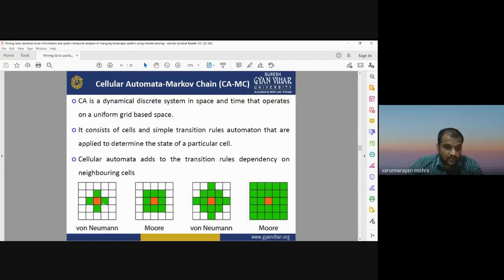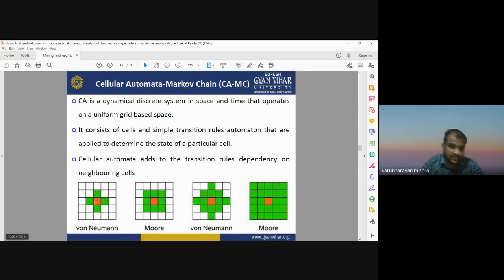If it is surrounded by all the vegetation pixels, there is a possibility that this red pixel will convert into vegetation in the near future. So cellular automata incorporates this information based on its surrounding pixels. The central pixel will be affected by its surrounding pixels.